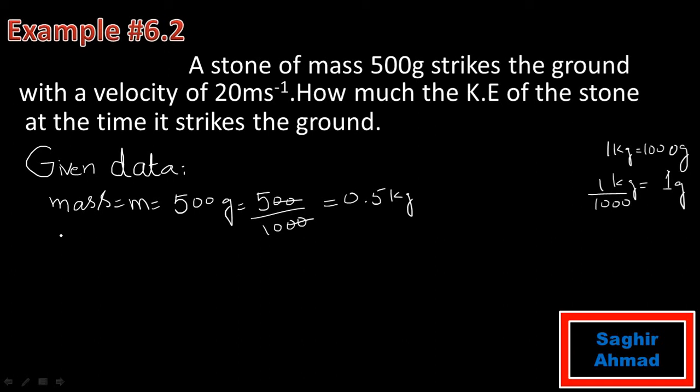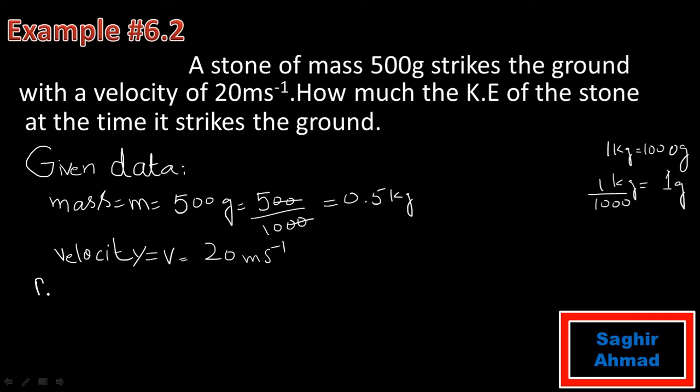And the second given data is the velocity with which the stone strikes the ground. So velocity V is equal to 20 meter per second. And in this question we have to find kinetic energy.